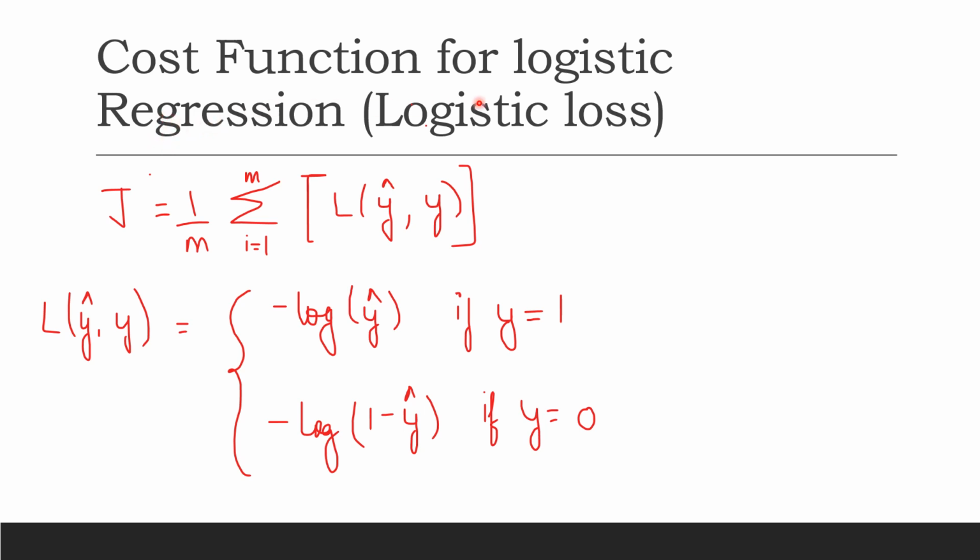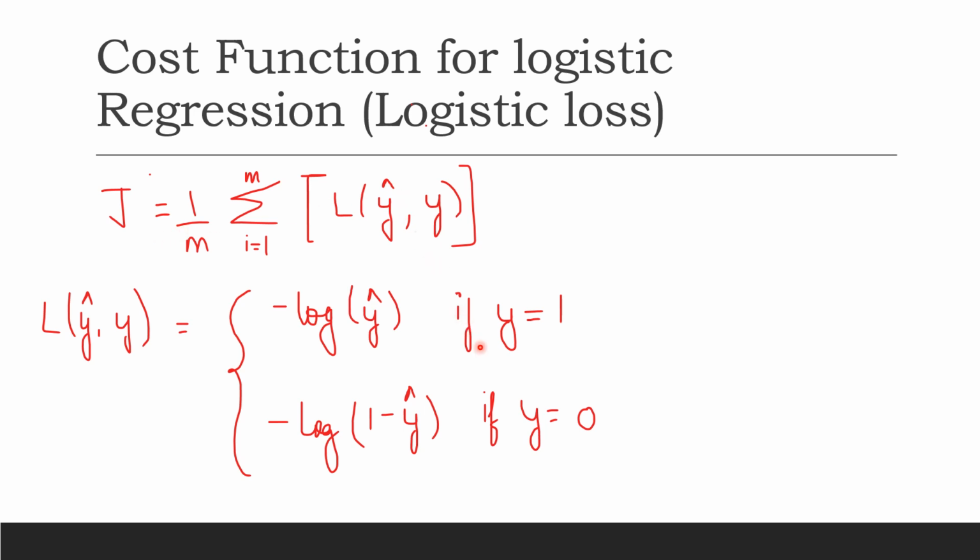Now this cost function is used for logistic regression, and this is known as logistic loss. This is the equation, and this L denotes the error that refers to one data point in the dataset, and the summation of all the errors of the data points in a dataset defines the cost function for the dataset.